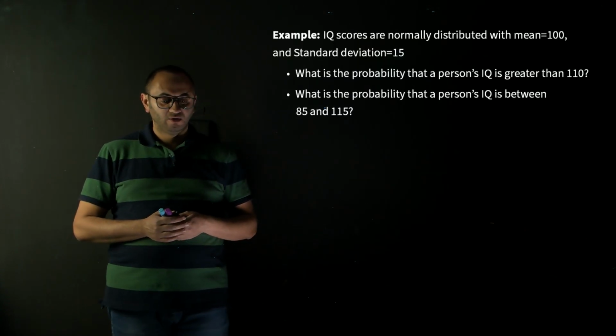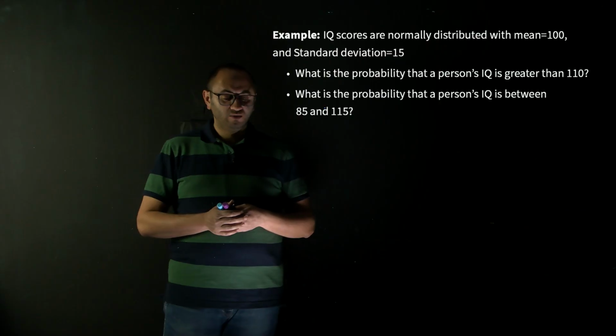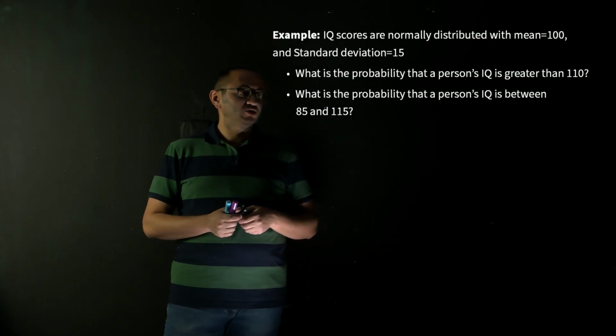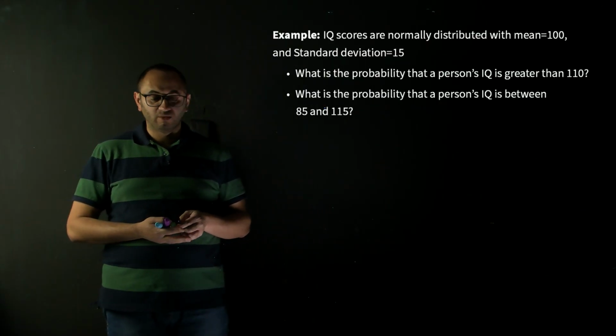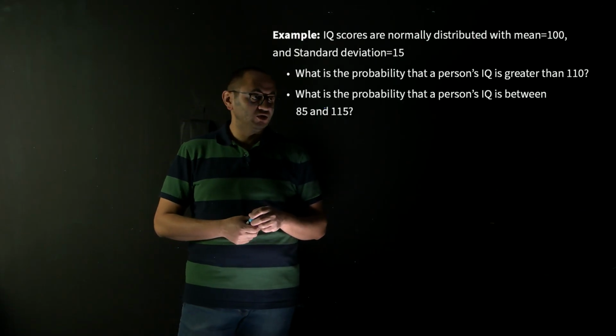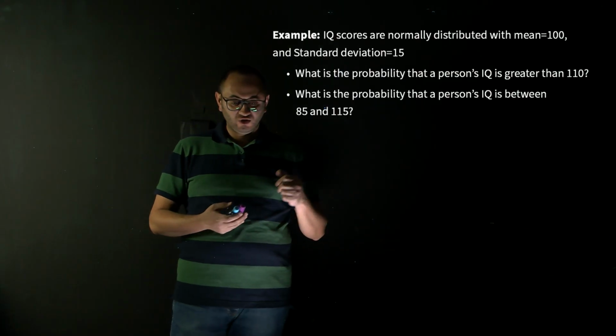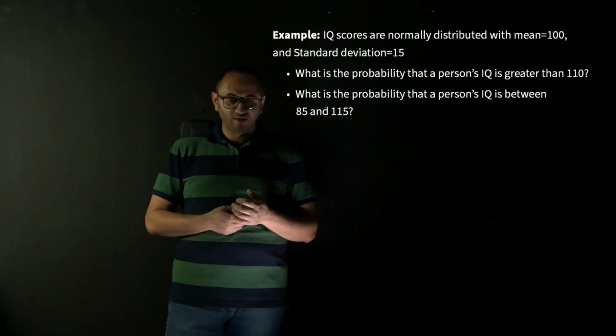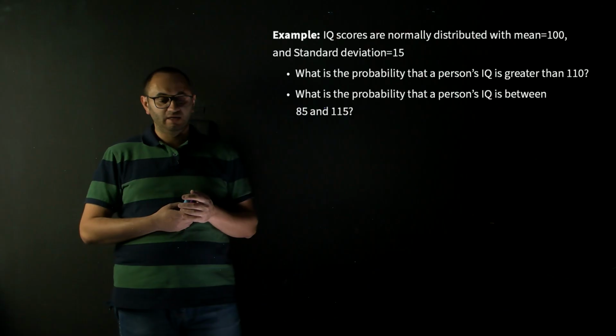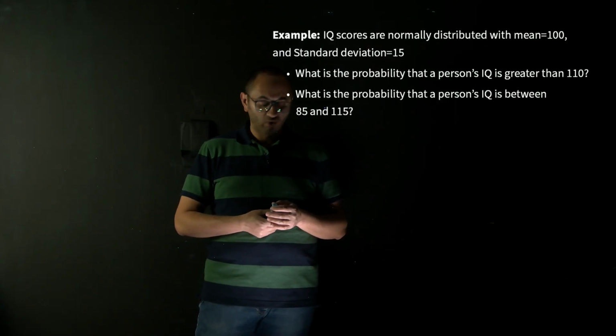Next, we have an example. The example says IQ scores are normally distributed with mean equals 100 and the standard deviation equals 15. The first question: what is the probability that a person's IQ is greater than 110?